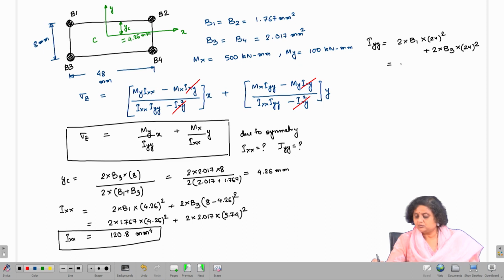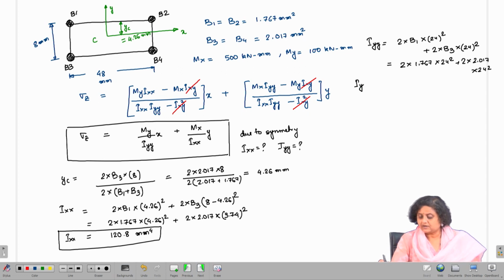So, it is going to be 2 into 1.767. So, that eventually gives Iyy to be equal to 4359 millimeter 4.